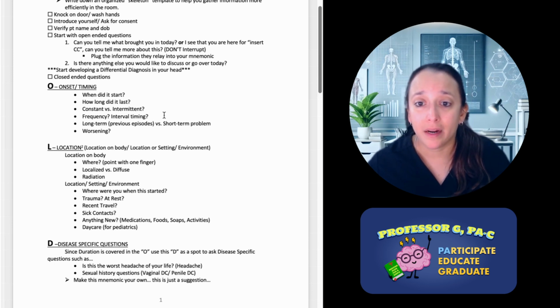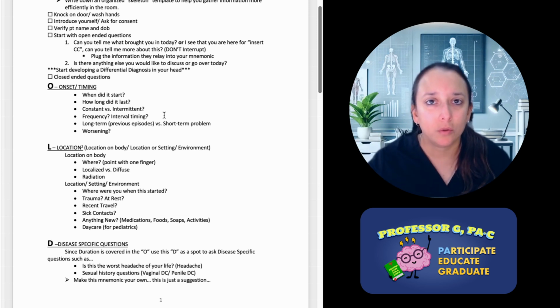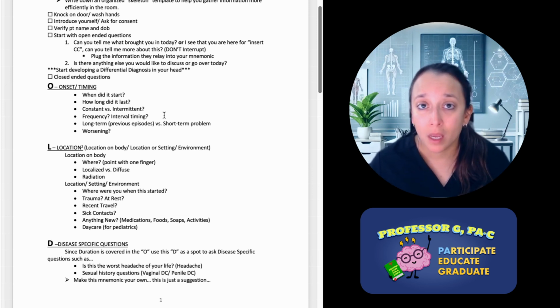And then after that, we are going to want to write down the skeleton, or something that can help clue us in to the history of present illness, which in my case, I really like the mnemonic OLD CARTS. I'm not sure what you've learned in the past. There are also other mnemonics like LOCATES or SOCRATES.